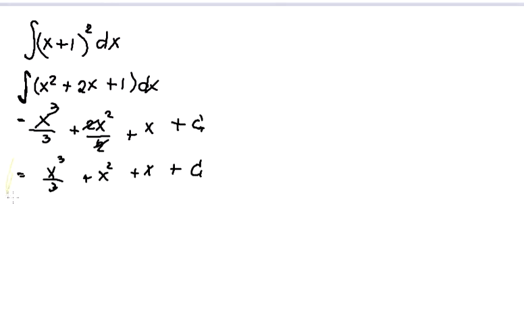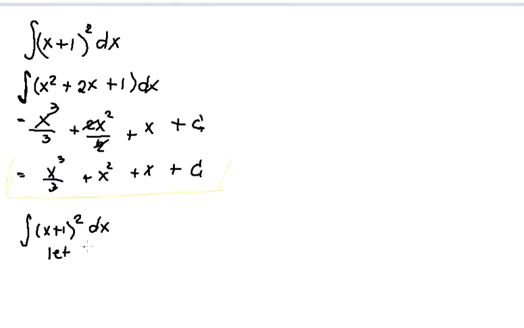So this is our final answer. And you can also integrate this by using the change of variable technique, because if you notice, the derivative of x is just dx.